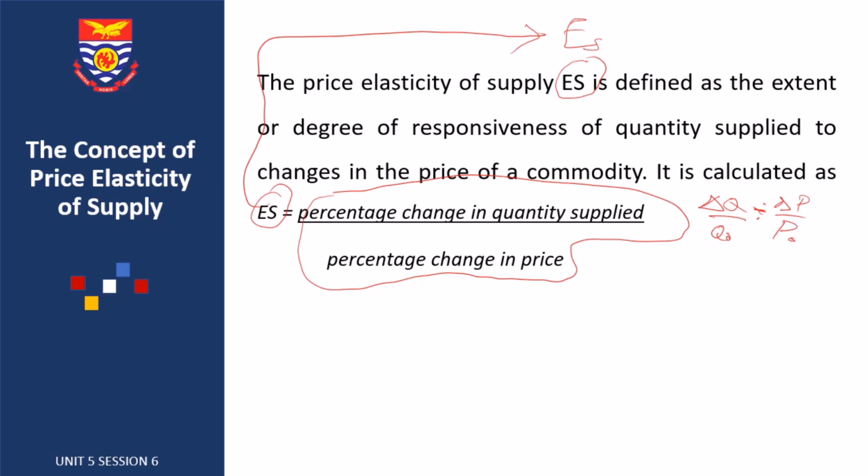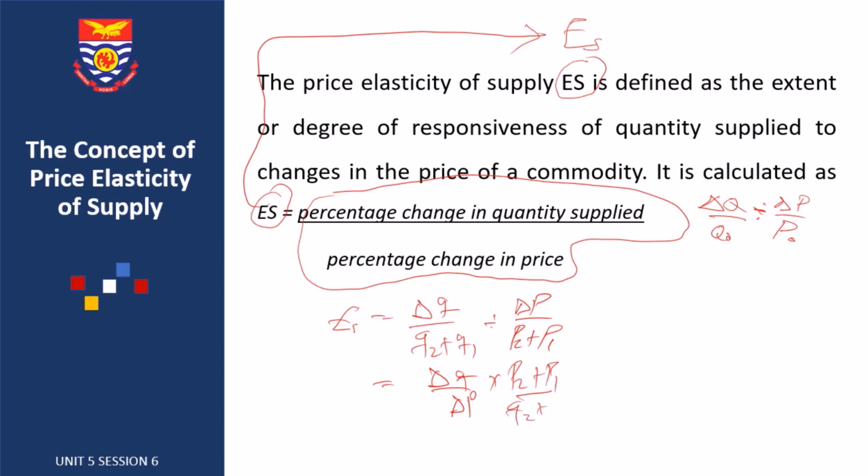So we end up with ES equal to change in Q over Q2 plus Q1 divided by change in P over P2 plus P1, which gives us change in Q over change in P multiplied by P2 plus P1 over Q2 plus Q1. This is the arc formula that we will use.